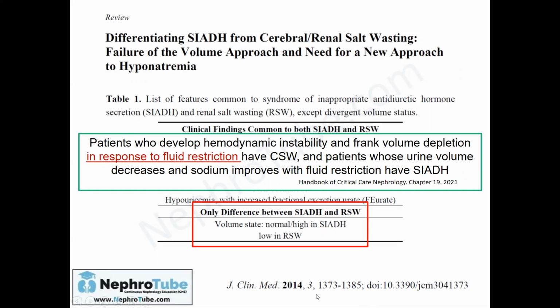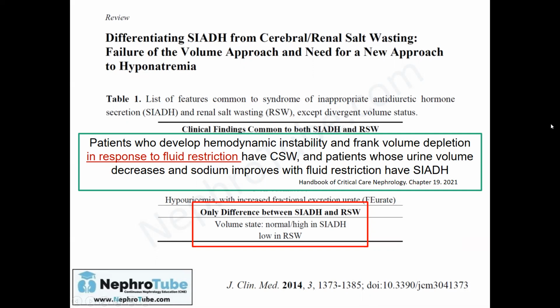If the physician wrongly diagnosed SIADH as cerebral salt wasting, as we said that in SIADH, we make fluid restriction for the patient. If there is a fluid restriction in a patient with cerebral salt wasting, the patient will develop hemodynamic instability and frank volume depletion and hypotension.